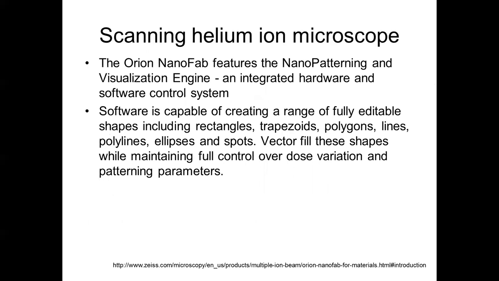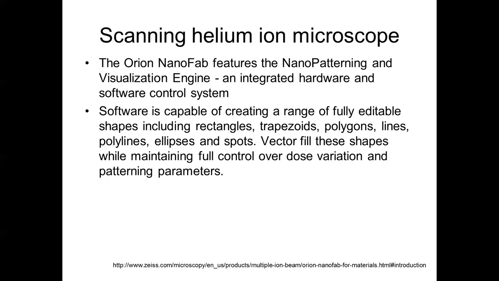So the Zeiss Orion NanoFab features nano patterning and visualization. This is an integrated hardware and software controlled system. Software is capable of creating a range of fully editable shapes, including rectangles, trapezoids, polygons, lines, polylines, ellipses, and spots.